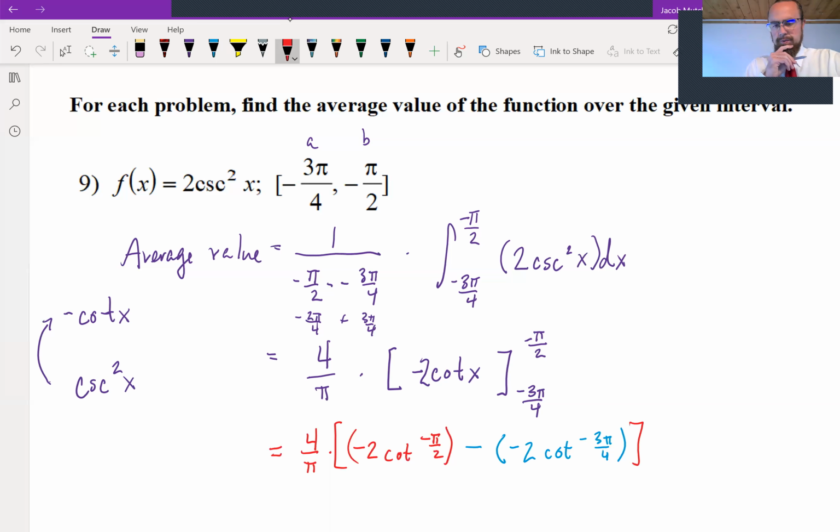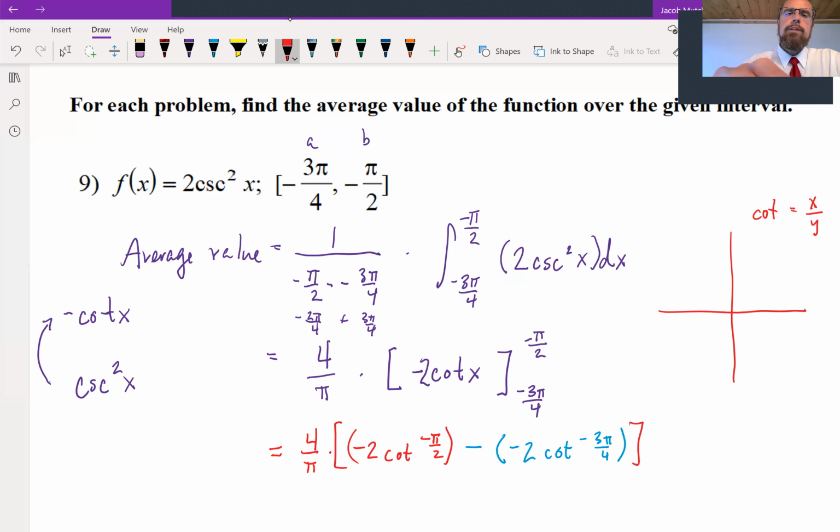cotangent expressions. So remember, cotangent in terms of the unit circle is defined as the inverse of tangent. Tangent's y over x, so cotangent will be x over y. The horizontal component divided by the vertical component.